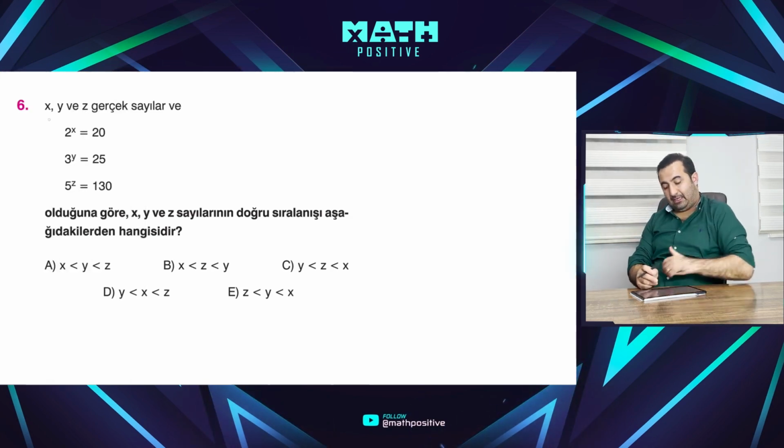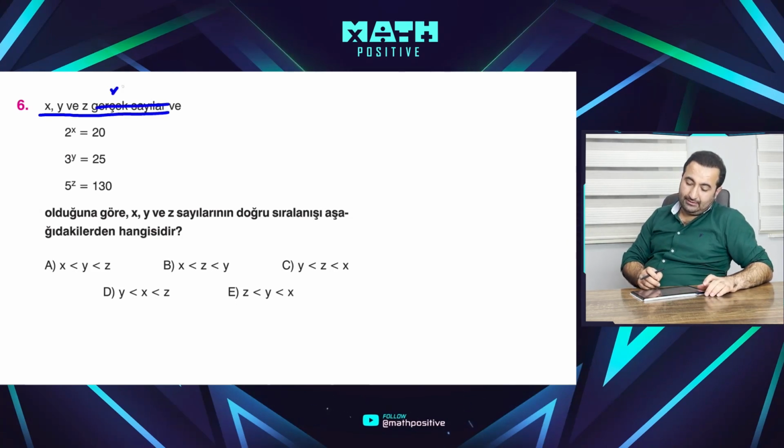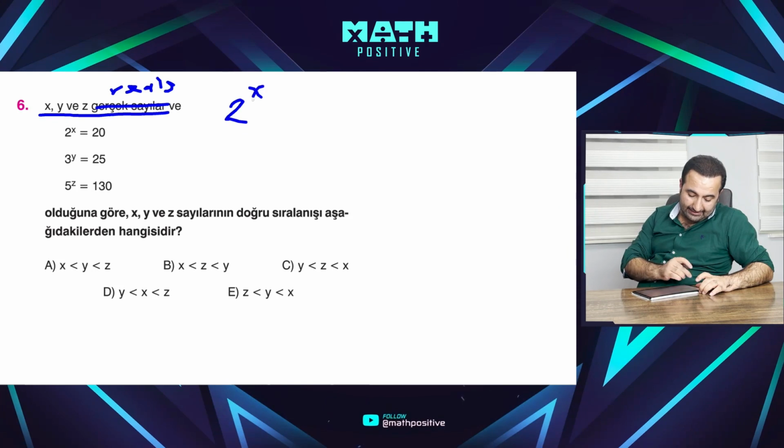Let's see some other questions. This one may be our last question today. We have x, y, and z are real numbers. Let's write.